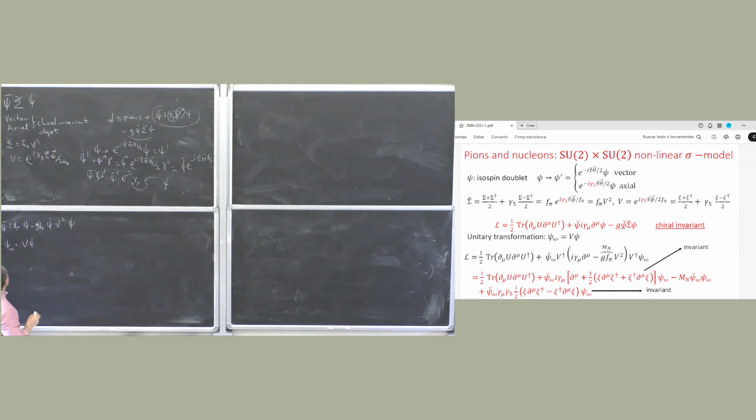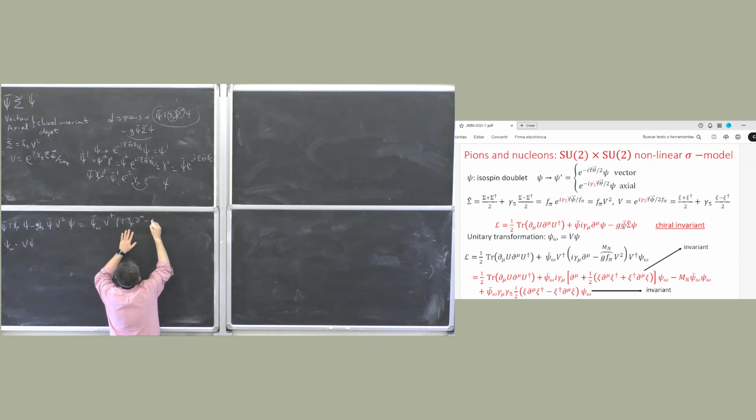So then it's just what is written here. We have psi bar omega, and I am going to have V dagger, i gamma mu d mu.